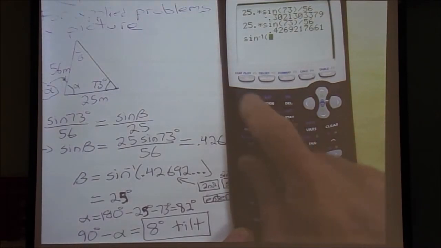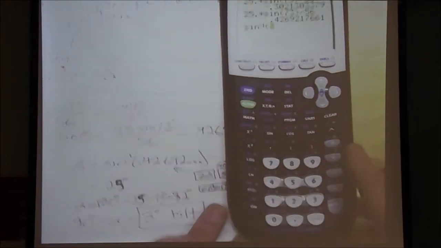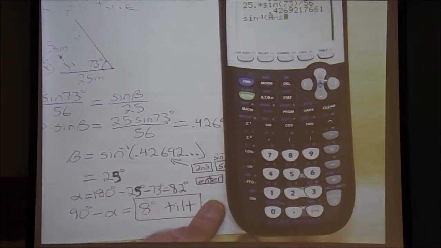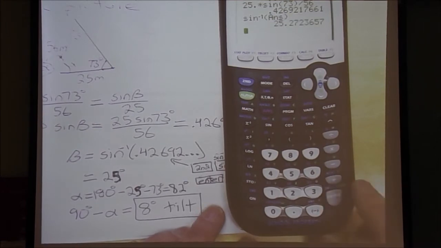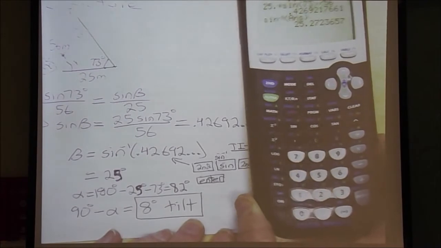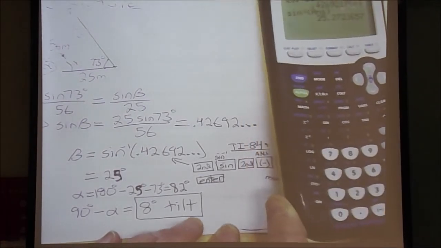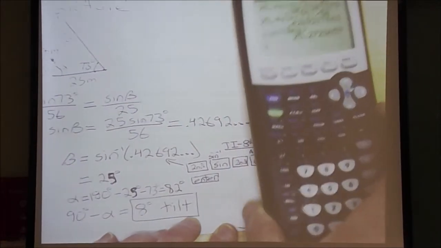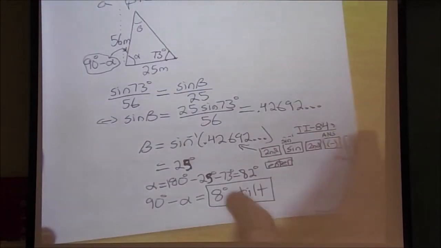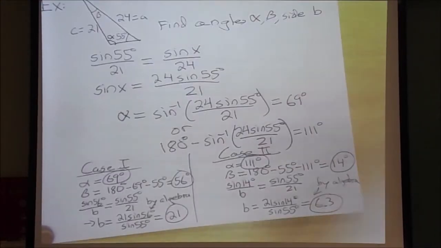Arc sine, and we'll push second, followed by the little minus key down here, and we'll put the answer in there. Now I'll close my parenthesis. What's the arc sine? There it is, 25.27, etc. degrees, which rounded to 25 was our answer. So there's an example of using the calculator to calculate these things, and some calculator mistakes that are easy to make.